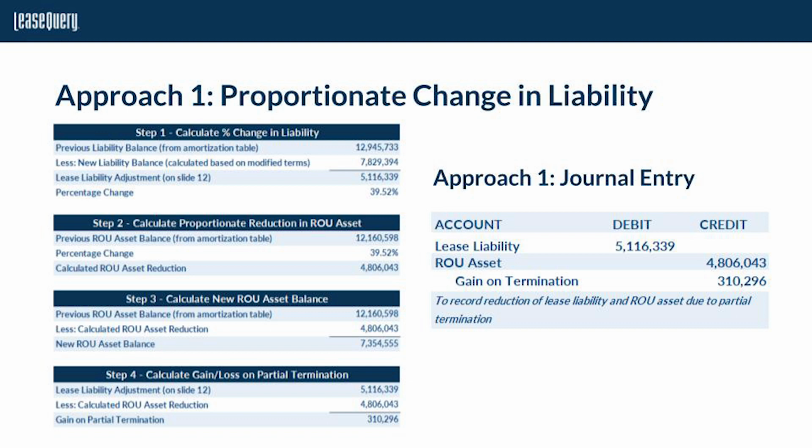You have all the numbers for the journal entry now. You have a reduction in the lease liability of 5,116,000. That comes from this step here. And then you have a reduction in the right of use asset of 4,806,000. That number comes from here. And then lastly, the difference between those two here is a gain on the termination, which you calculated in step 4 here.